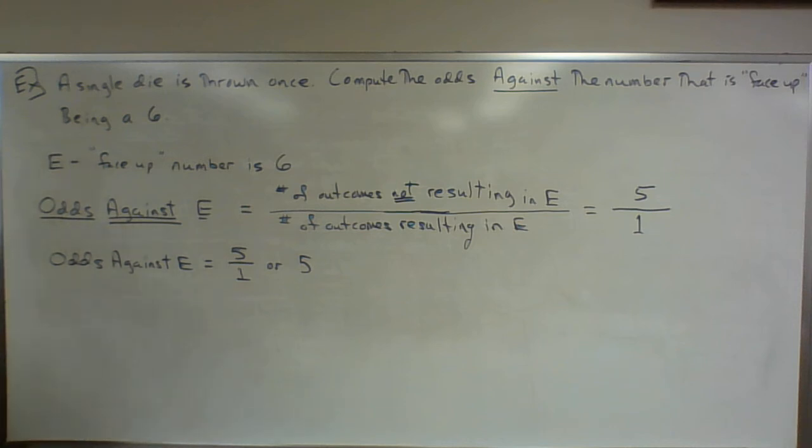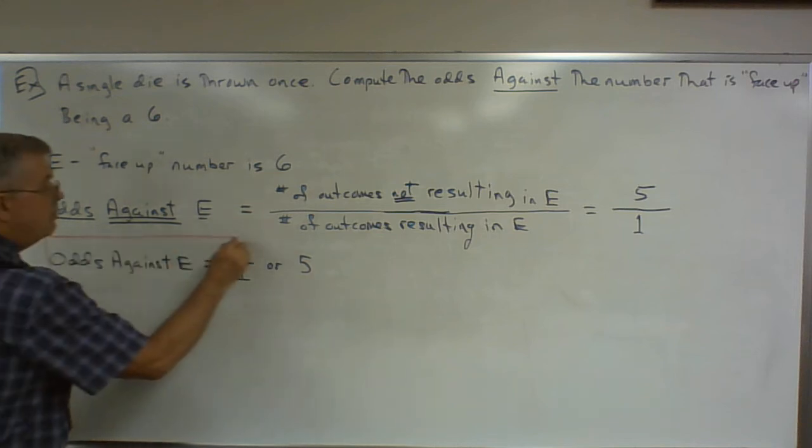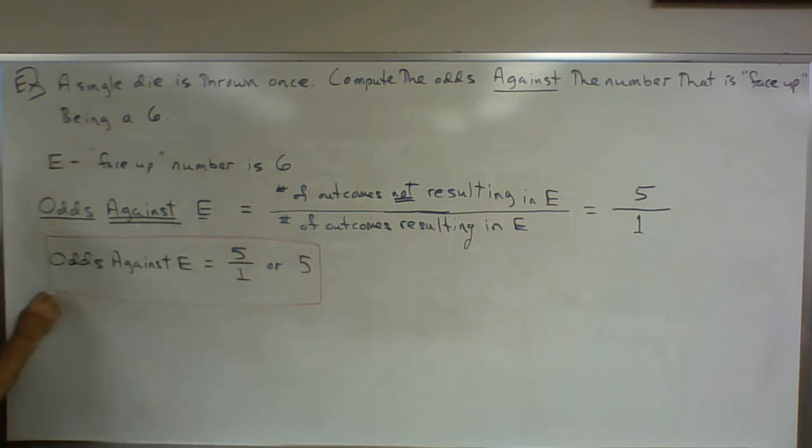So the odds against E occurring, 5 to 1, or we might just say 5.